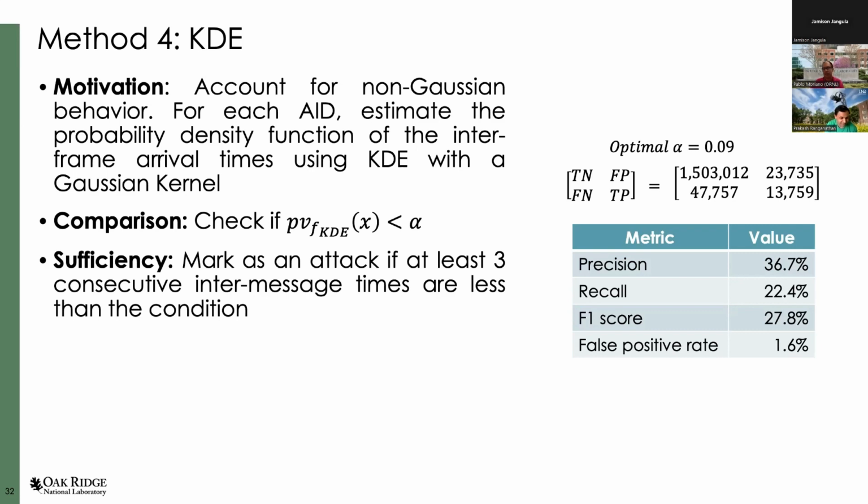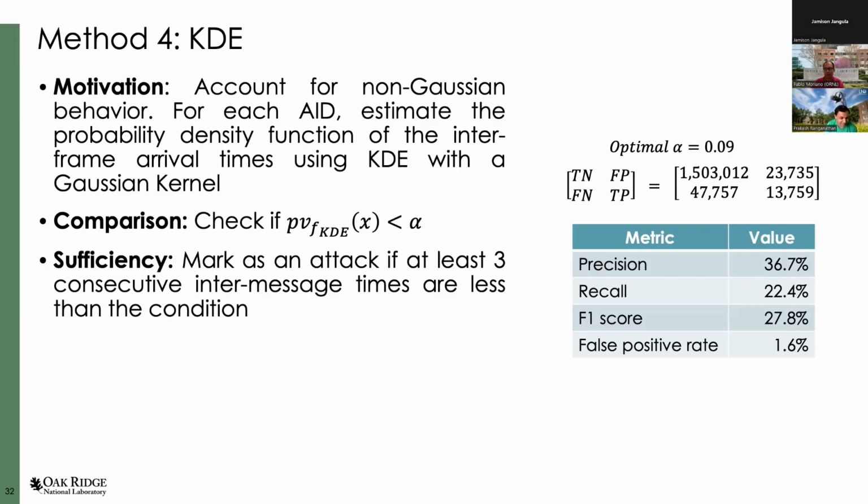Here the idea is pretty similar to method 3, but instead of Gaussian fitting, it's kernel density estimation. We also have these thresholds that allow us to control how good the detection is, and the detection criterion is again at least 3 of these consecutive inter-message times being less than the condition.